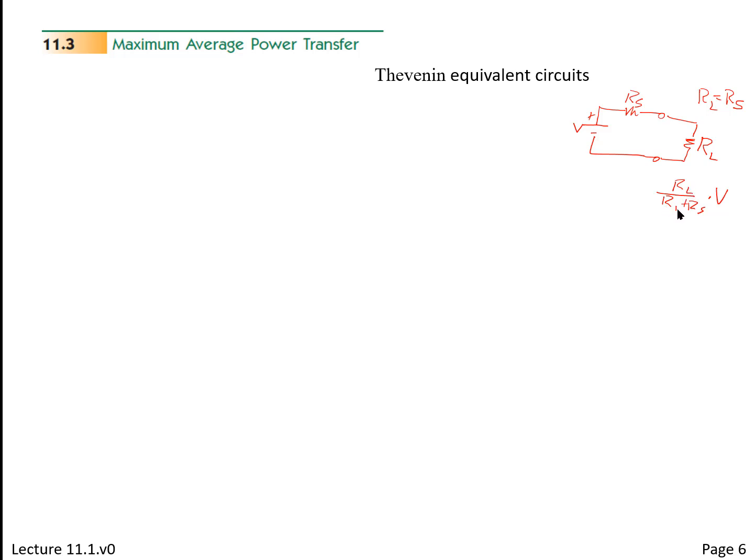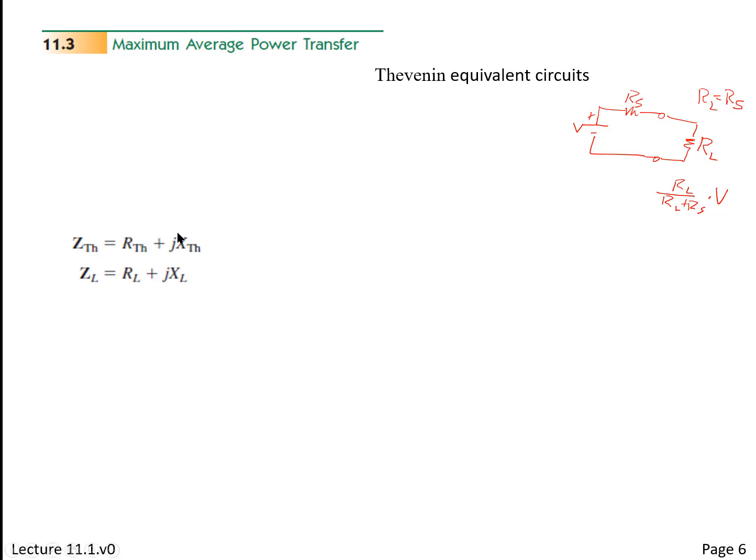But RL is also in the denominator. I'm not going to review that power transfer, but when the load matches the source, you're going to get the most transfer out.